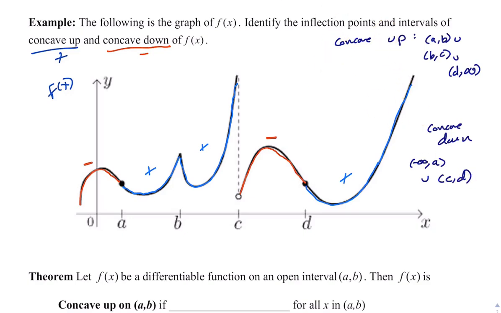And where are the inflection points? You can see them already highlighted on the graph. They're right here at a and f of a, and then right here at d and f of d. Those are my inflection points.